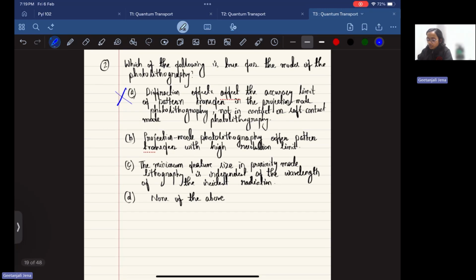Option B, projection mode photolithography offers pattern transfer with high resolution limit. Okay, so if you compare the three types of photolithography, one is the contact mode, another is the soft contact mode or the proximity mode, and another one is the projection mode.